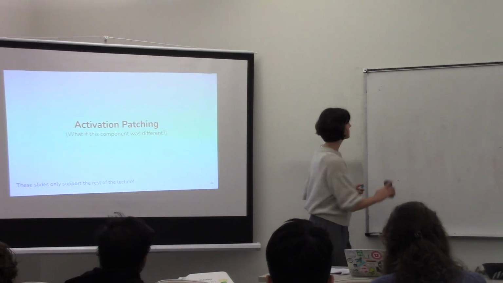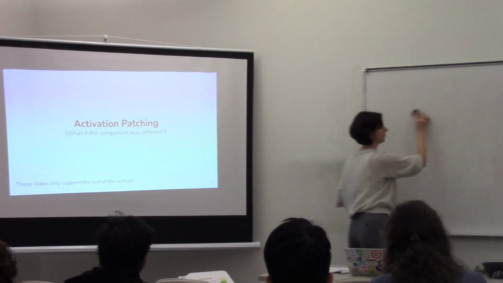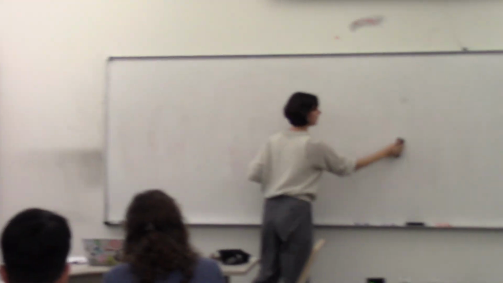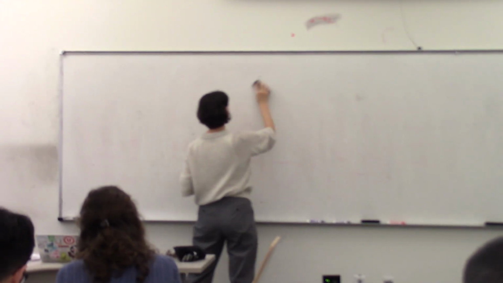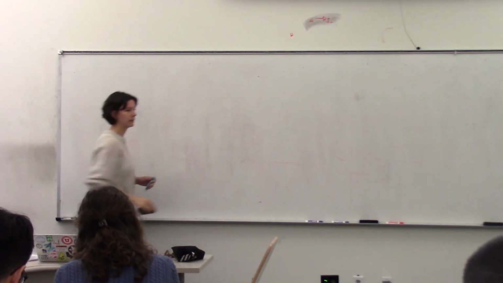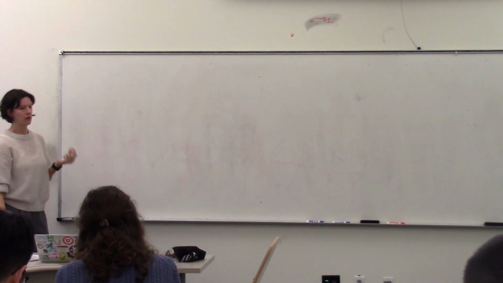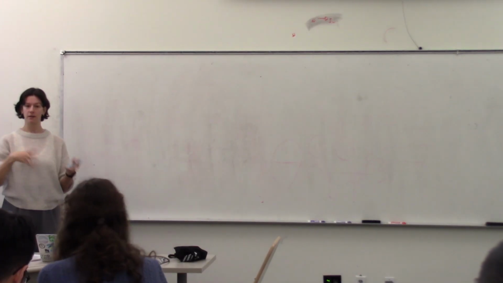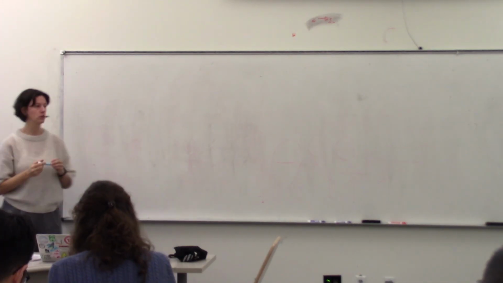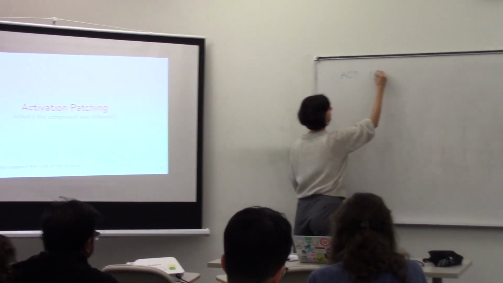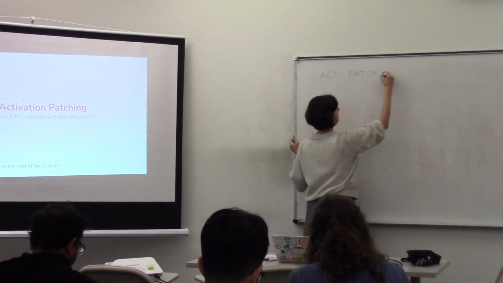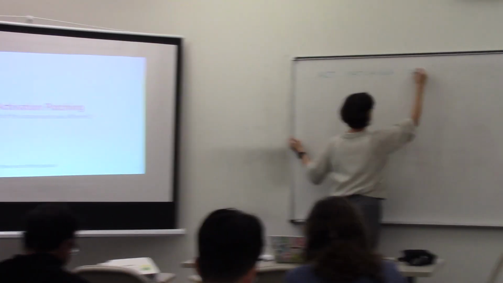So this is one version of activation patching, maybe even a more common one than the other, which we call denoising. Because we corrupt the run, you can think about it as noise, and by adding the clean representation, you are denoising. So let me write this down. Activation patching, denoising.